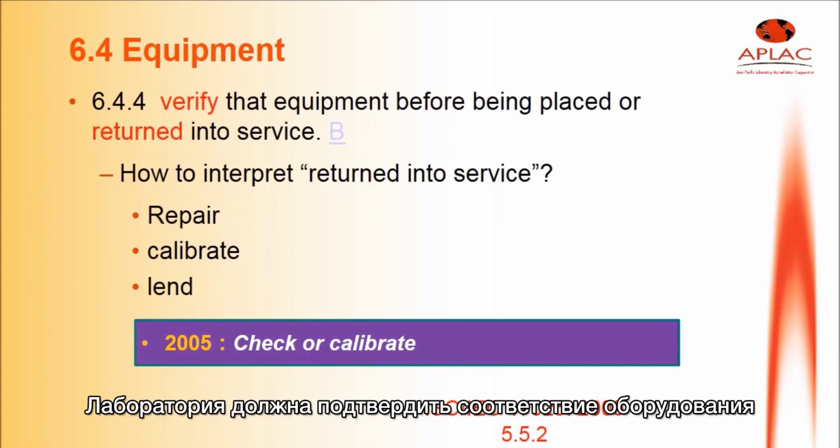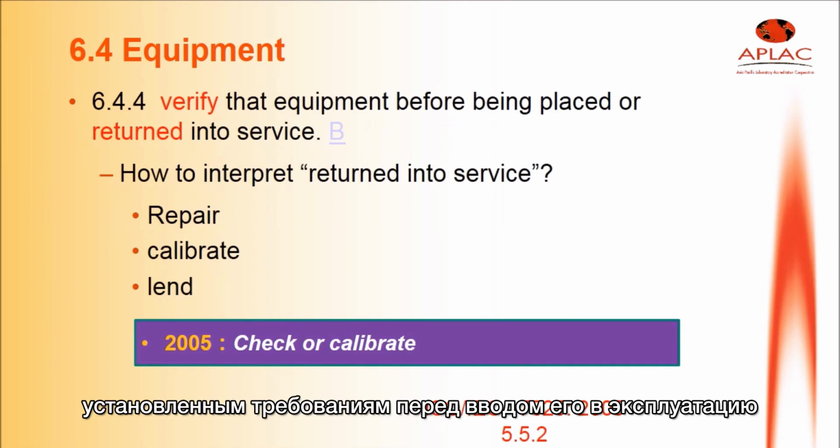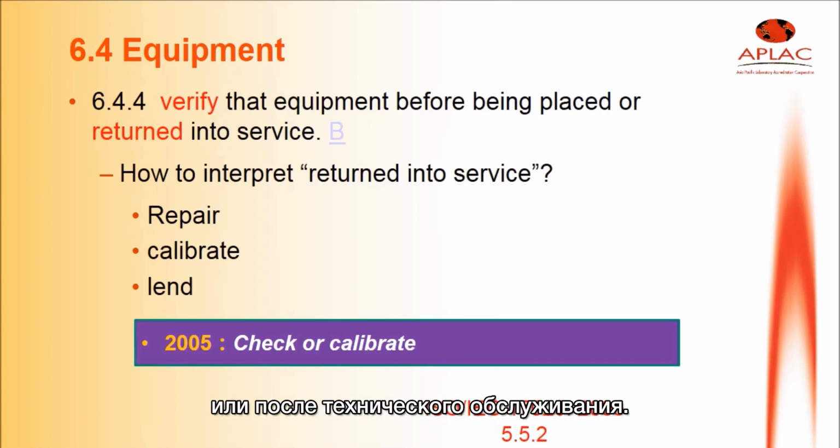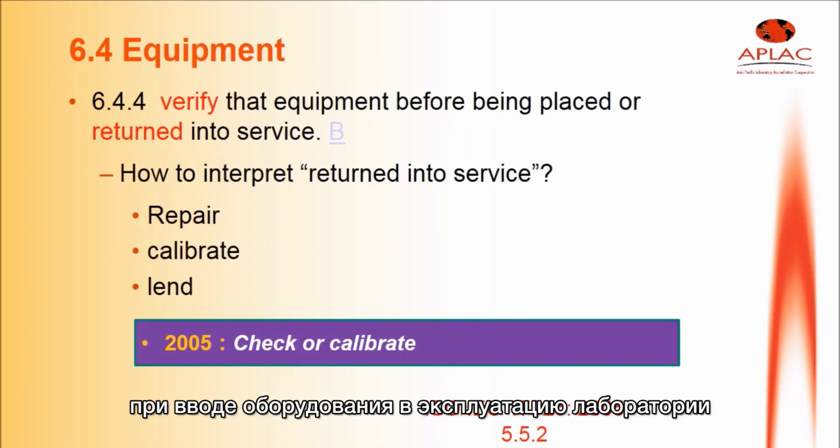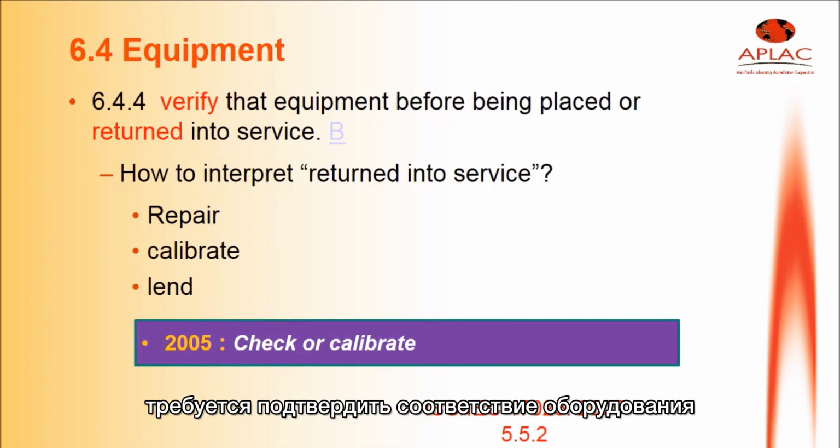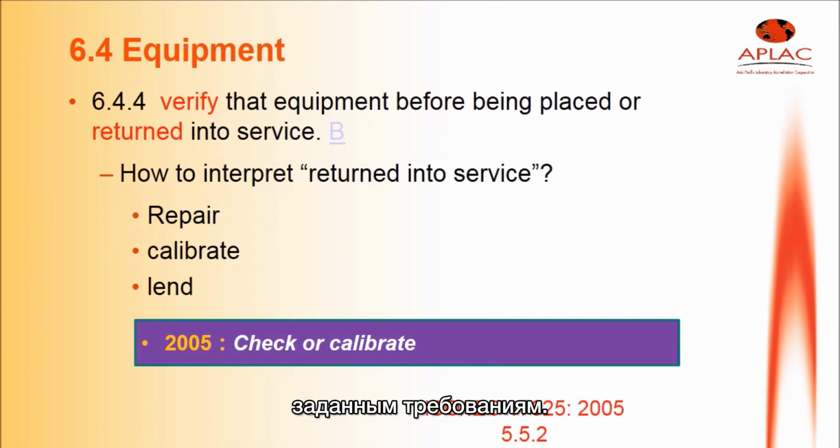The laboratory shall verify that the equipment conforms with the specified requirements before being placed or returned into service. There are two changes in this clause. The first one is to use "verify" to replace "check or calibrate". The second change is that when the equipment is returned into service, the laboratory also needs to verify that the equipment meets the specified requirements.